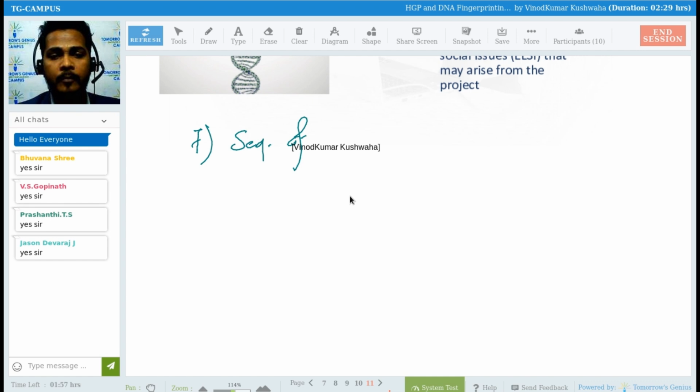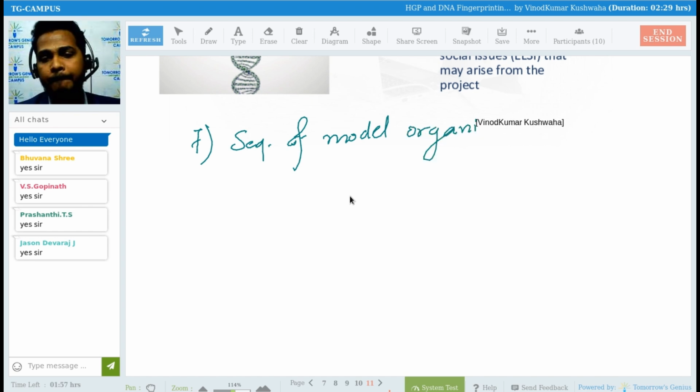Sequencing of model organisms. You know what a model organism is? How many of you know about model organisms? I wanted to know from you.